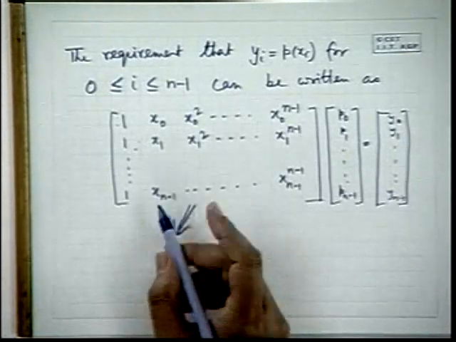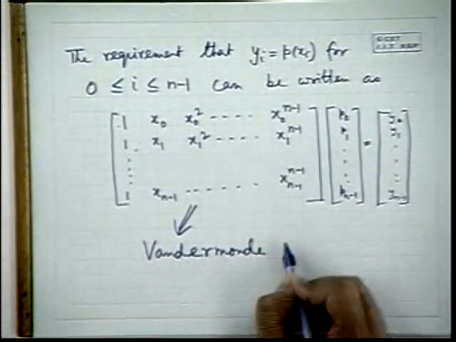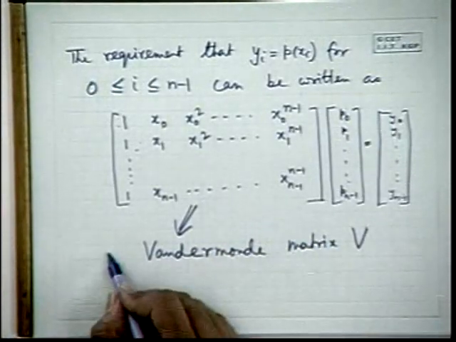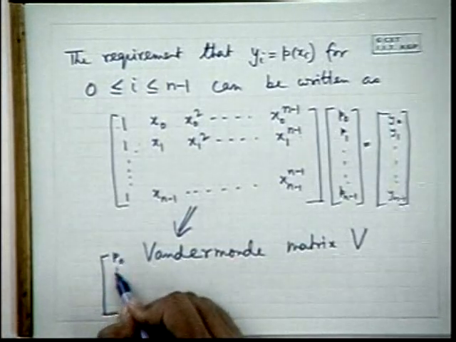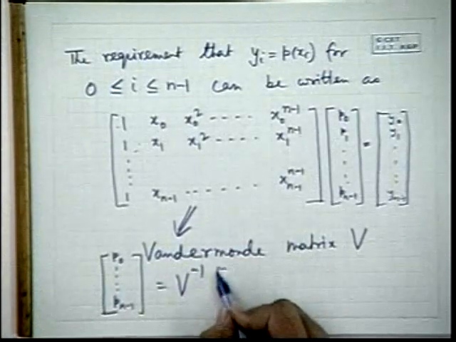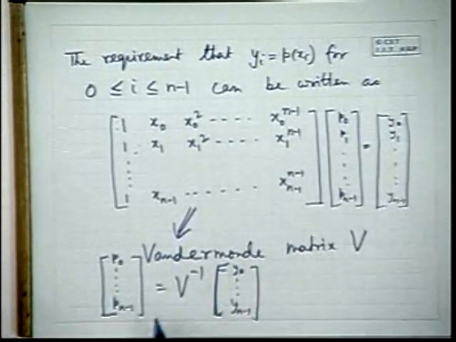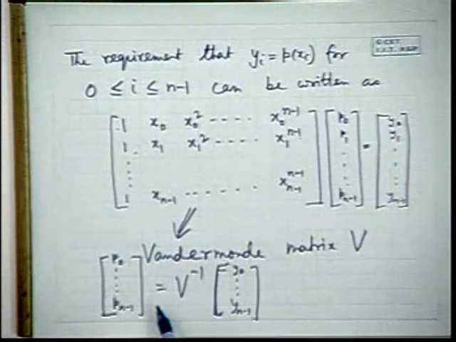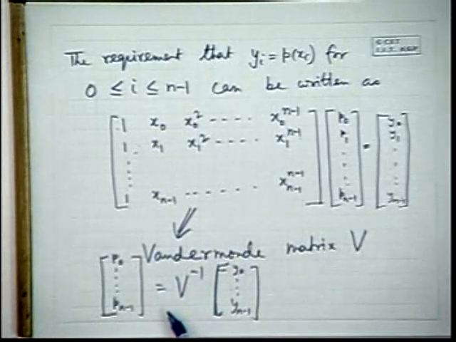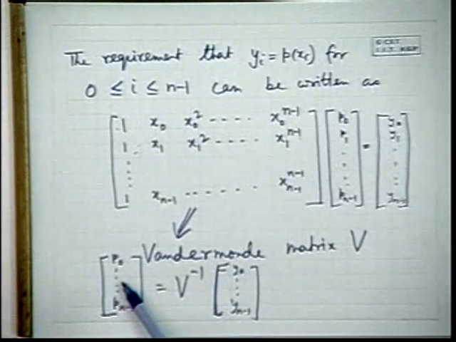This particular matrix is called the Vandermonde matrix, which we will call V. What we are trying to compute is the vector p0 up to pn minus 1, which is nothing but V inverse times y0 up to yn minus 1. That is what we are trying to compute. So if we know how to compute the matrix inverse, then we know how to compute these coefficients.